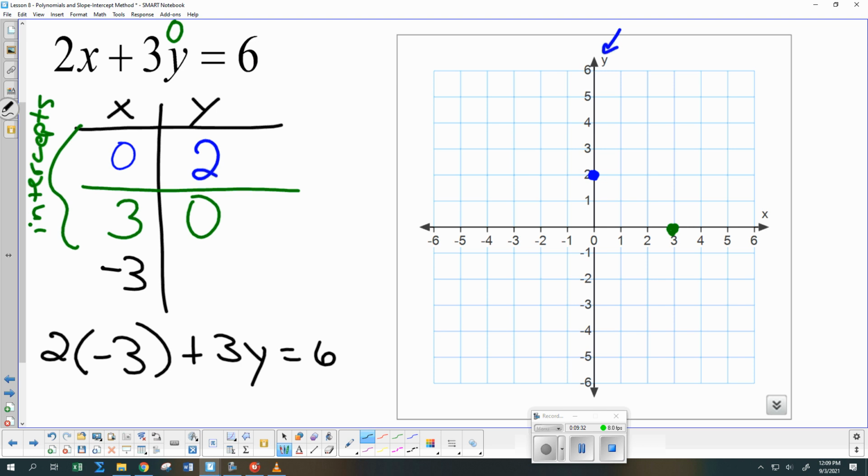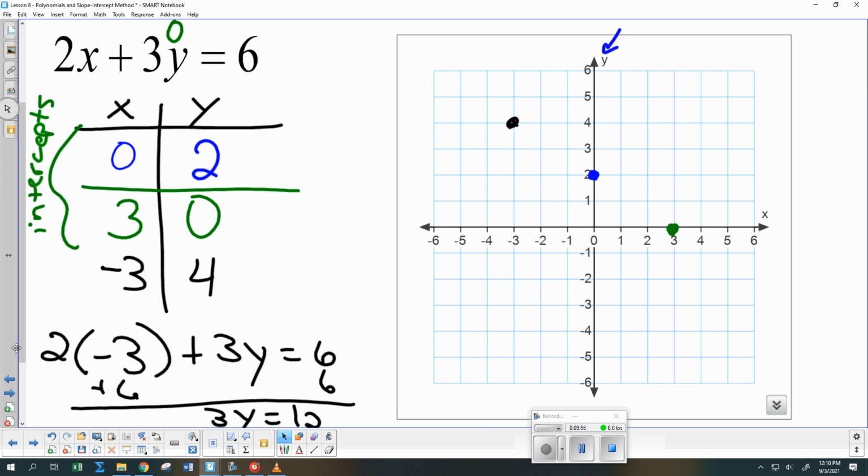And I know 2 times -3 is -6. So if I add 6 to both sides, 3y has to be how much? What's 6 and 6? 12. So y has to be? So I can plot -3, +4.